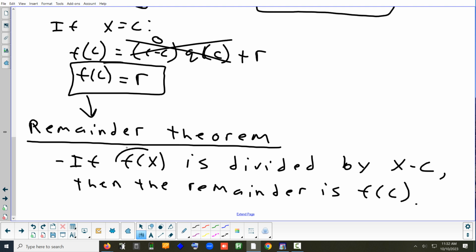If you have any polynomial you want, and you divide by something that's x minus a number, the remainder is found by taking the number after the minus sign and plugging it into the numerator, which I'm calling f of x.